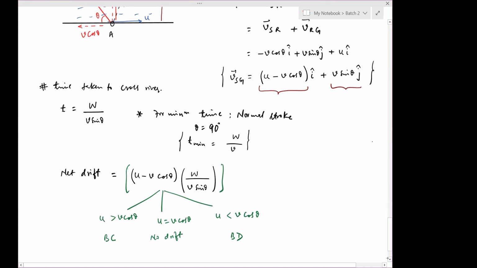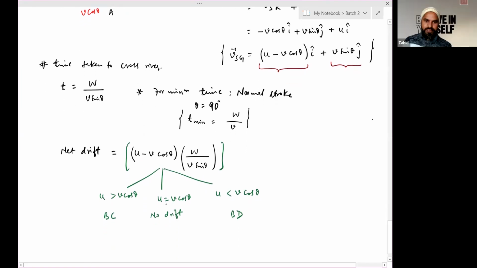Yes, sir. Now we have to define for this no drift. If u and v cos theta are equal, then cos theta equals u divided by v. So this is the angle at which you must strive to reach just the opposite end.